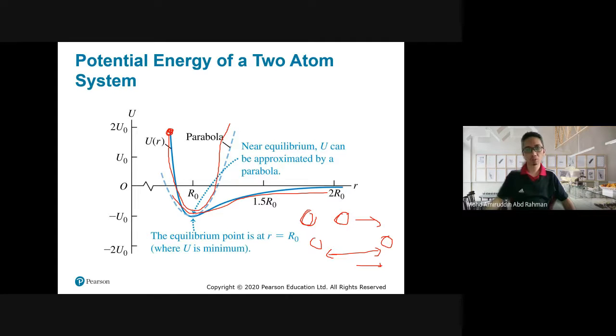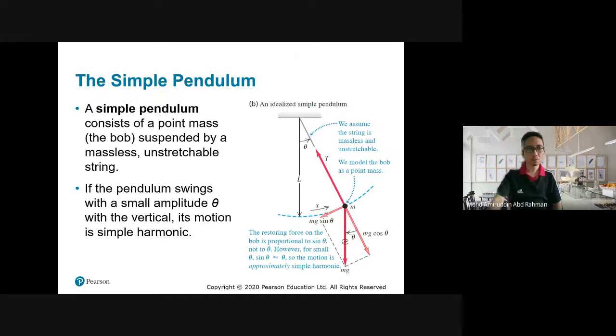It will become zero because there is no more potential energy between the two atoms. So that's just the example of that. But the problem is actually much more complicated if you want to define it, so I'm just giving you an example over here.